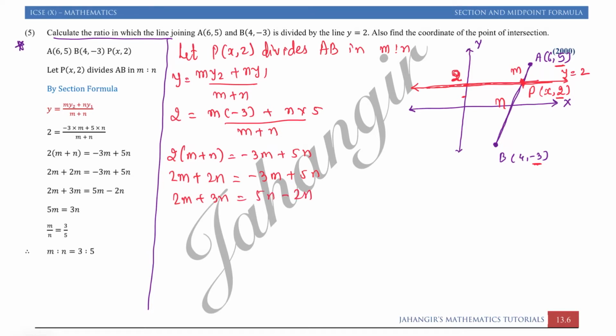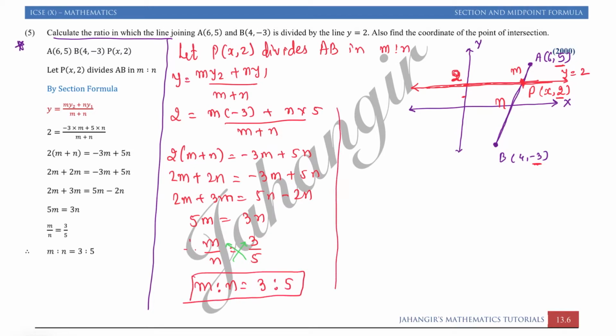So that is 5m is equal to 3n. So therefore m upon n is equal to 3 by 5. As you know, we had done in the exercise that the cross multiplication should match. So therefore we can say m is to n's value is 3 is to 5.